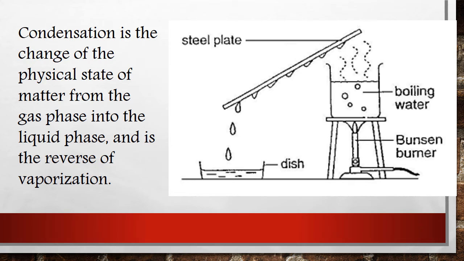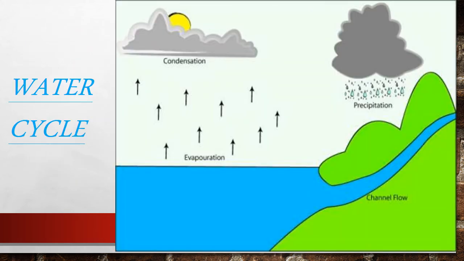We can see these processes in the water cycle also. As we all know, in the water cycle, when the sun's rays fall on the water, any river, pond, or sea water, the water starts heating up, and when the sun provides heat to the water, the water evaporates.